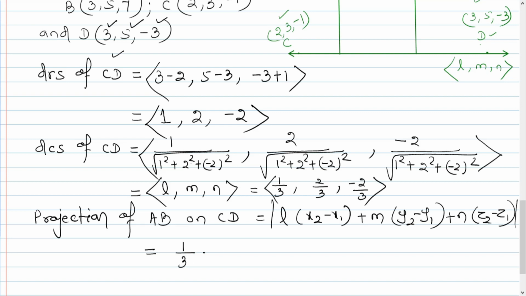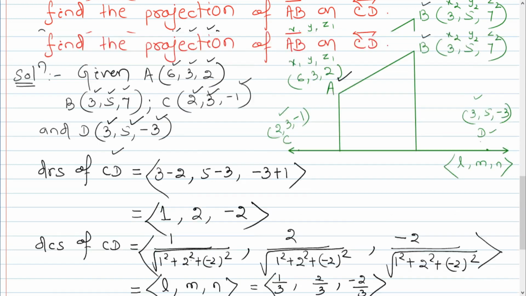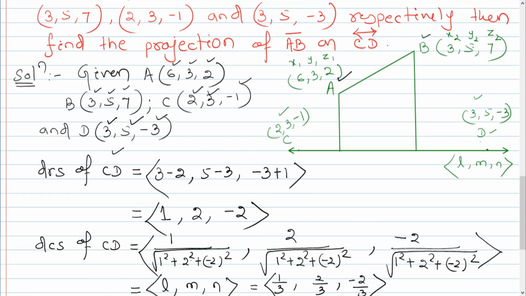So 1 by 3 into x2 minus x1. AB's coordinates are 6, 3, 2 and 3, 5, 7. The coordinates of A are x1, y1, z1 and the coordinates of B are x2, y2, z2.